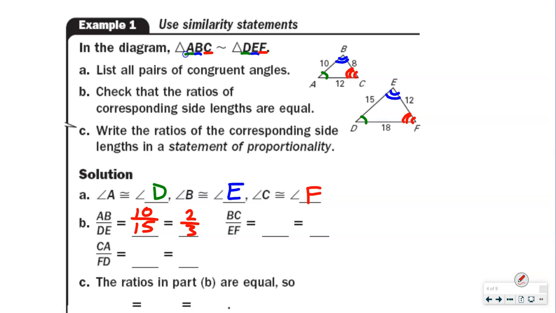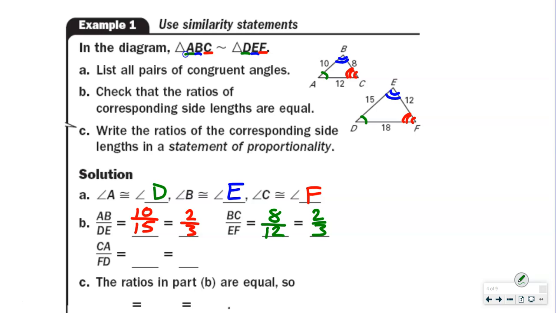And let's look at side BC, which is 8, over side EF, which is 12. And that simplifies down to 2/3 as well.